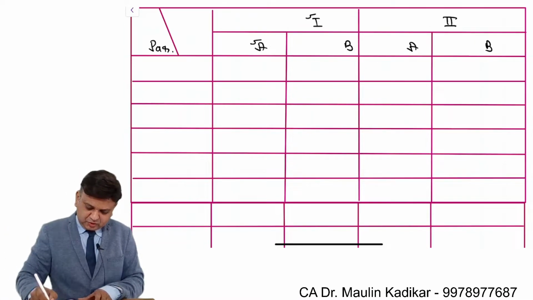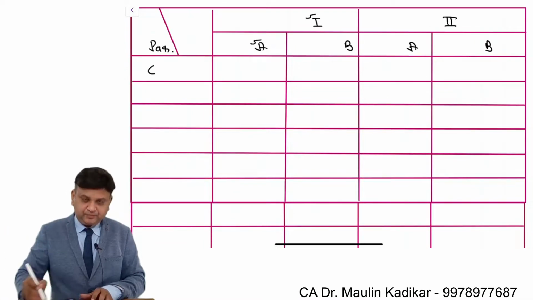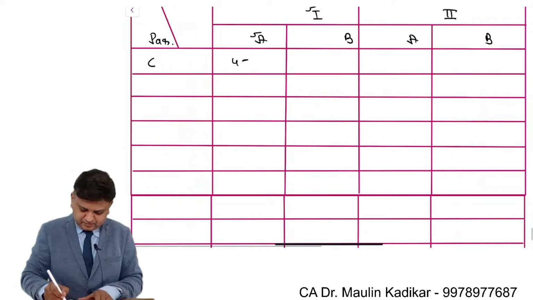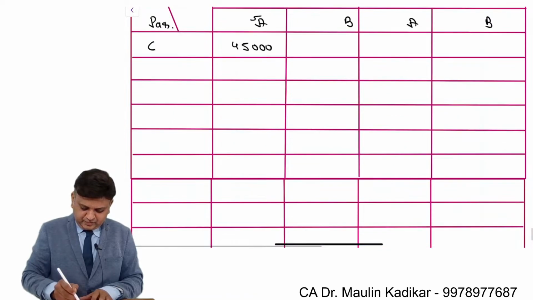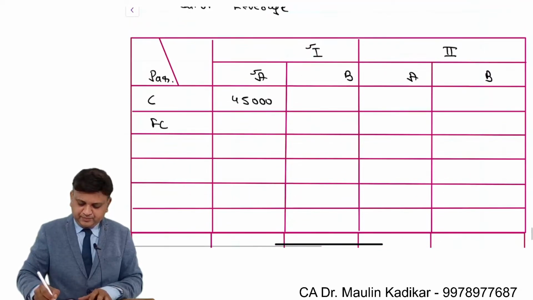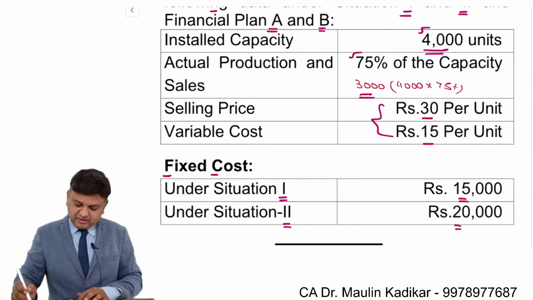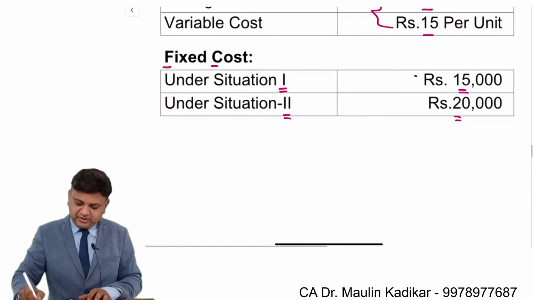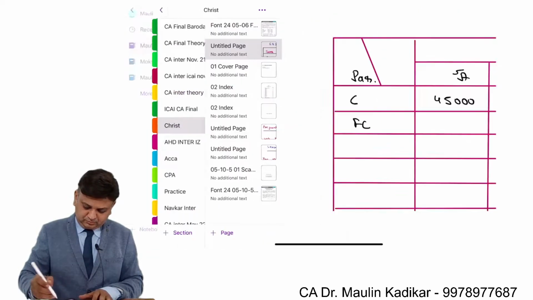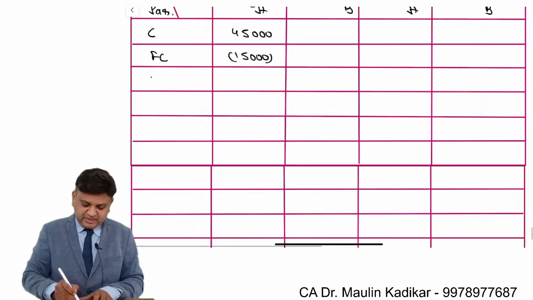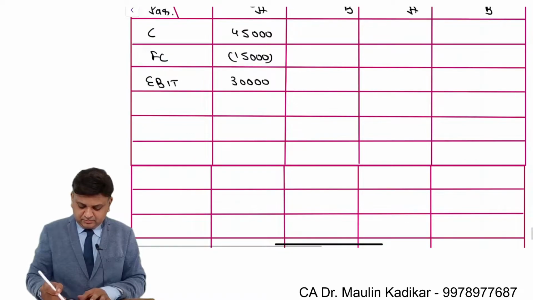So we can start with the contribution. Amount of the contribution that we have found is 45,000. Fixed cost: in situation number 1, the amount of the fixed cost is 15,000, so I'm deducting 15,000 over here. Contribution minus fixed cost is EBIT, that is 30,000.